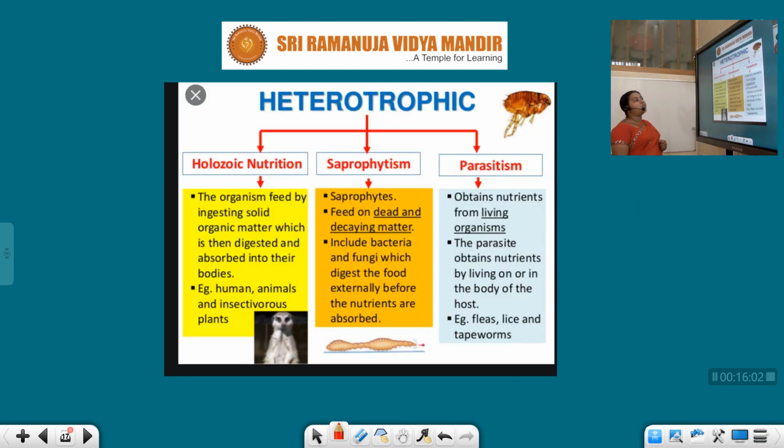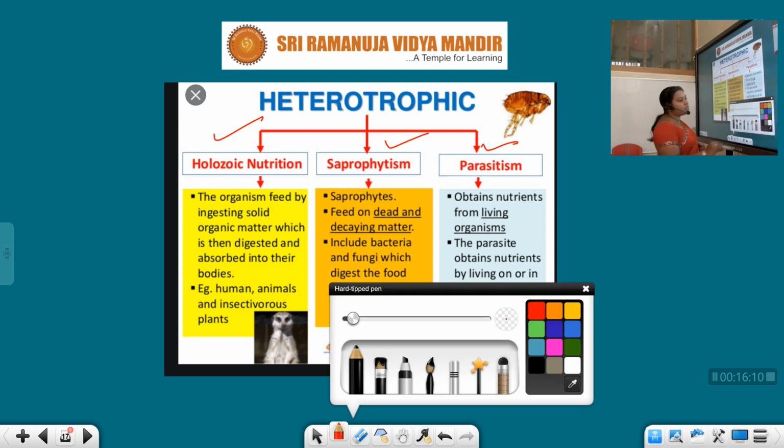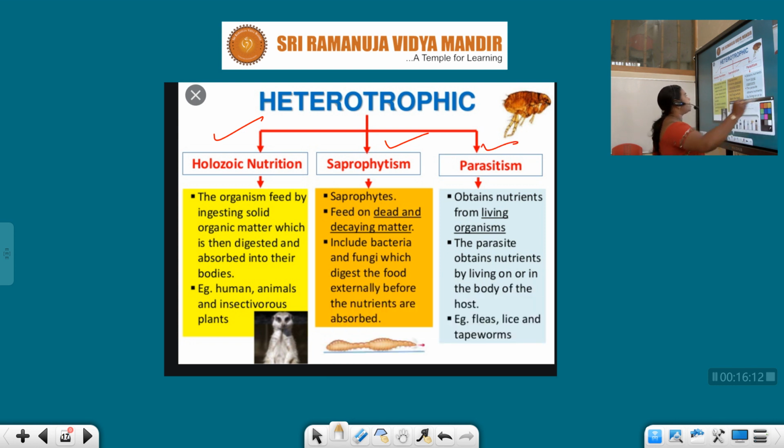See children, the heterotrophic mode of nutrition is again of types: holozoic, saprophytic and parasitic. Let us discuss individually, first the holozoic mode of nutrition. The organism feeds by ingesting solid organic matter, which is then digested and absorbed into the body. That is called the holozoic mode of nutrition.